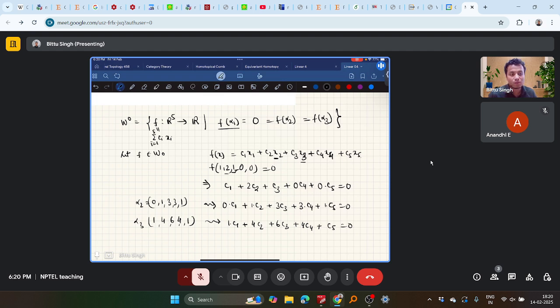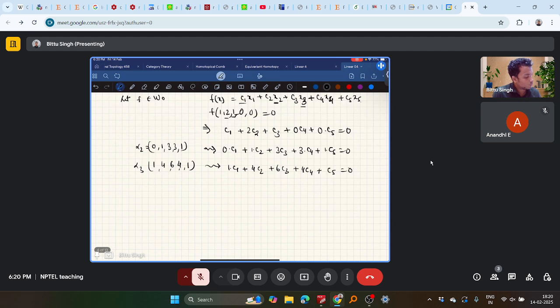Now we need to find those kinds of polynomials. What are the possibilities of those polynomials which annihilate or kill those alpha 1, alpha 2, alpha 3? So we need to find those coefficients, C1 up to C5. How to find them? Just solve those three equations.